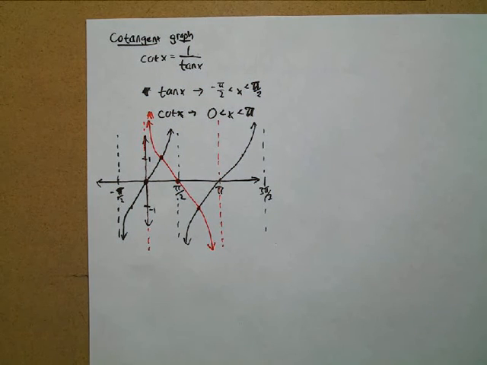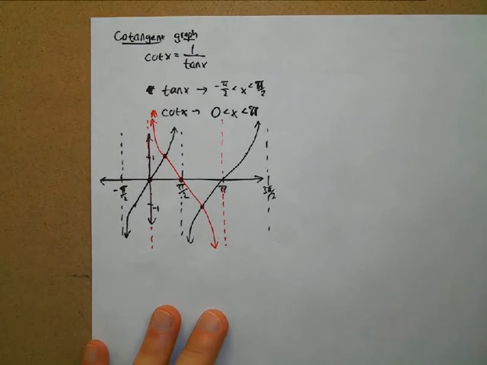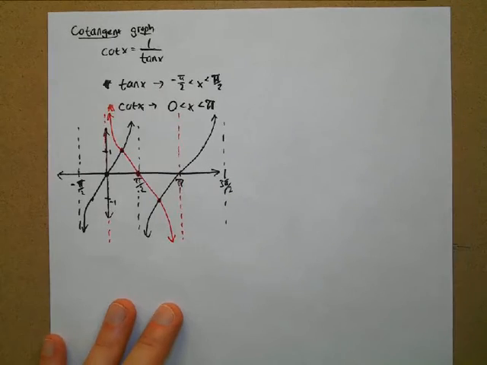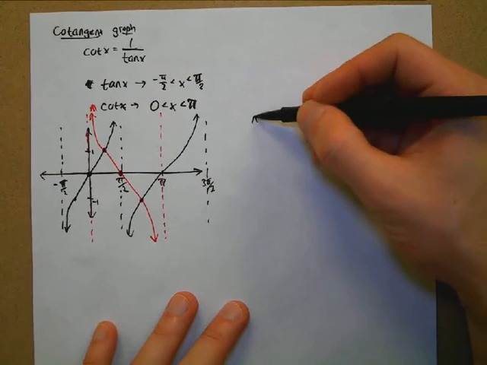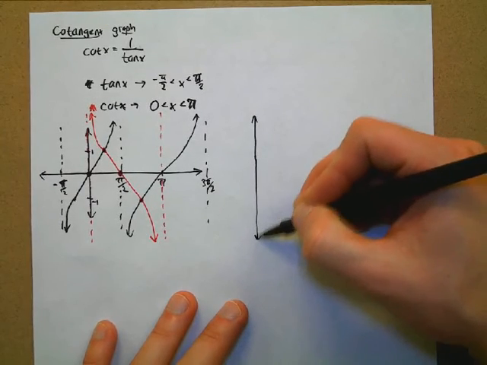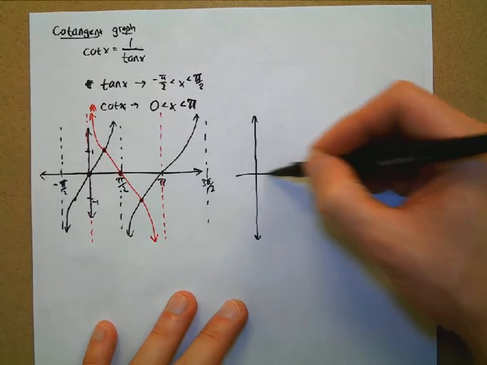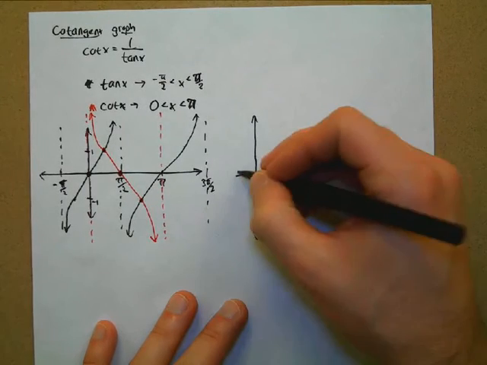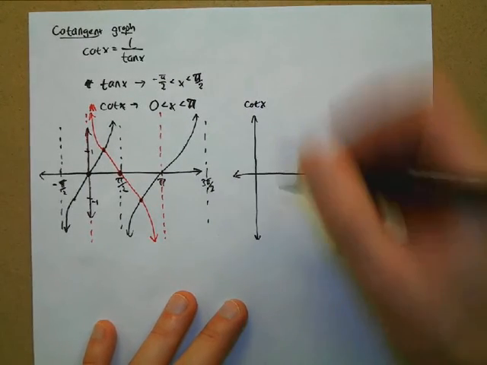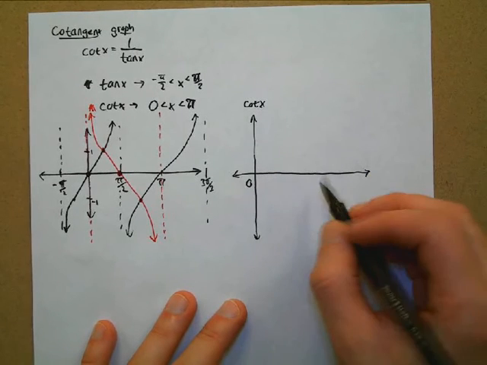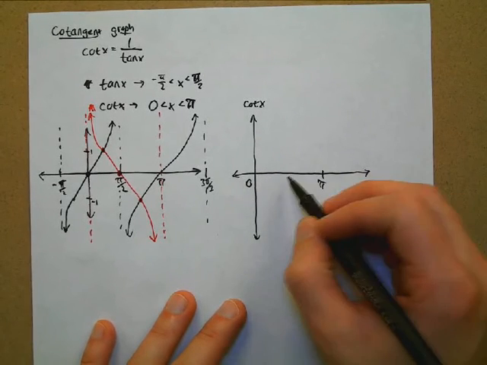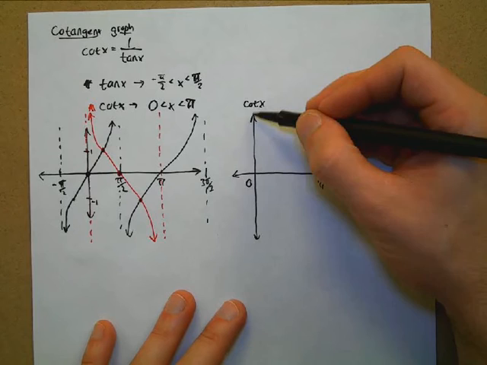Cotangent, much like tangent, has asymptotes at the starting and stopping points of the initial period, which is 0 to pi. You find the halfway point, pi over 2. That'll be the 0 of cotangent. And then your curve, rather than going up from left to right, goes down from left to right, like that. That's cotangent.